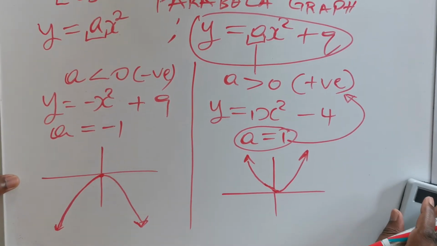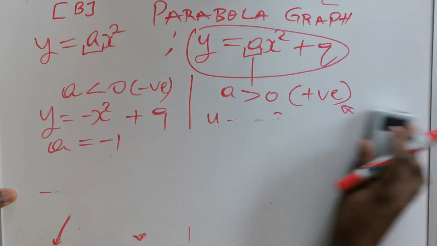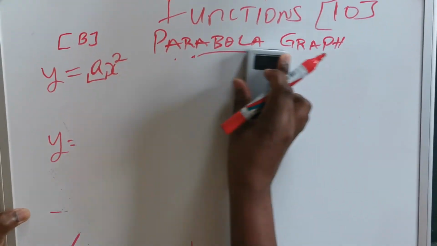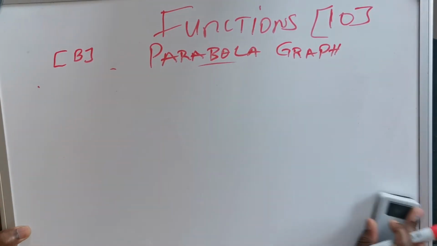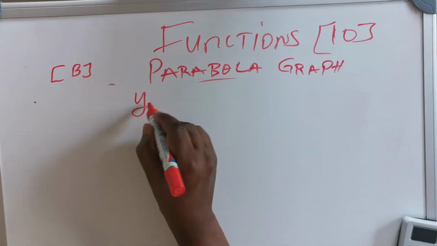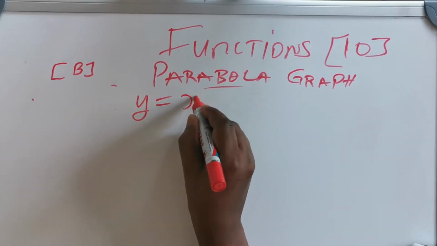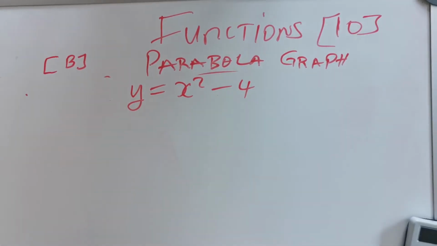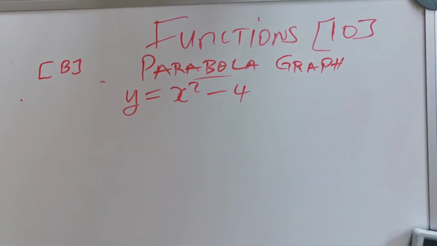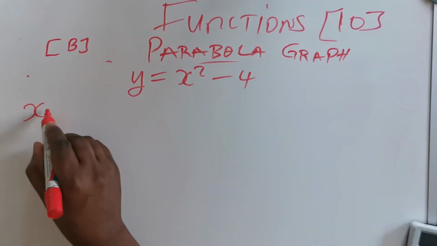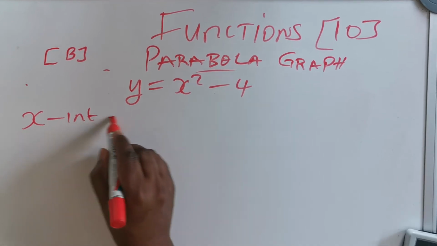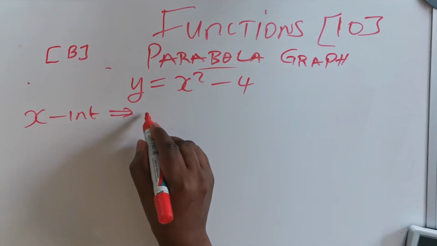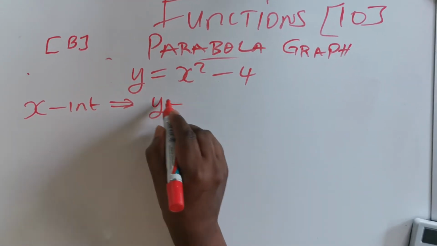Now, let's look at an example. The first one, let's look at this: y equals x squared minus 4. For the x-intercept, obviously you let y be 0.